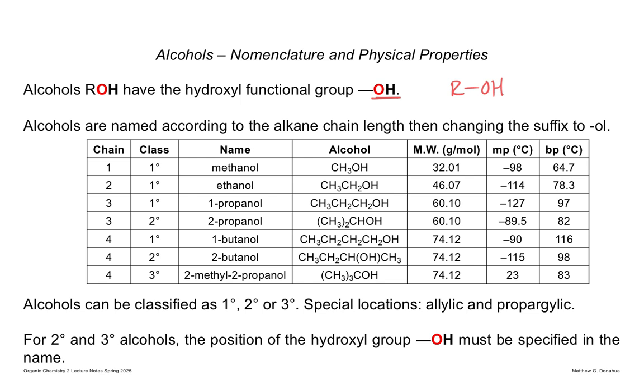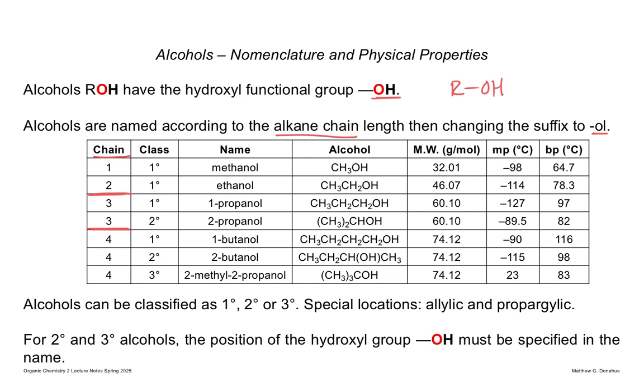Alcohols are named by finding the longest alkane chain length, and then you drop the E and add OL to the alkane name. As the chain gets longer, you have to specify where on the chain the alcohol is. As we see in the first column here, once we get to 2 carbons and above, we can have different constitutional isomers of that molecular formula.